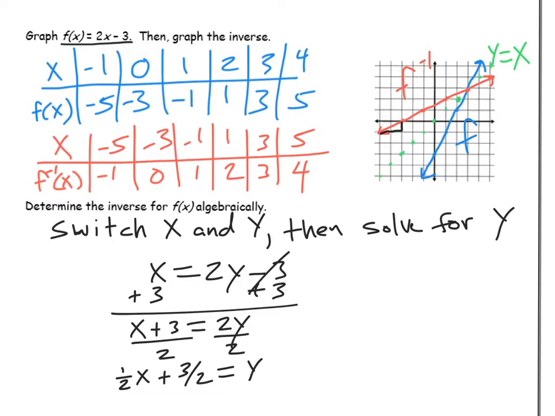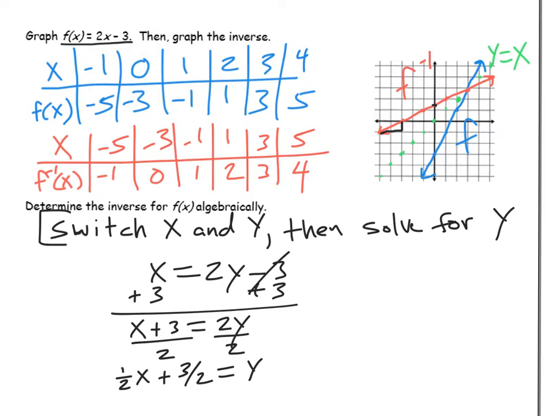And then right here, checking out my y-intercept, it looks to be halfway in between 1 and 2, or 1.5, which as a fraction would be 3 over 2, right? So it does all look consistent that our table, our graph, and now the equation that we found, they're all correct, okay?